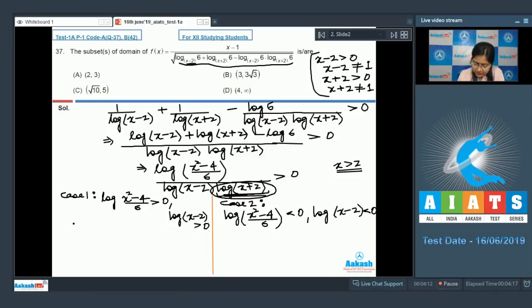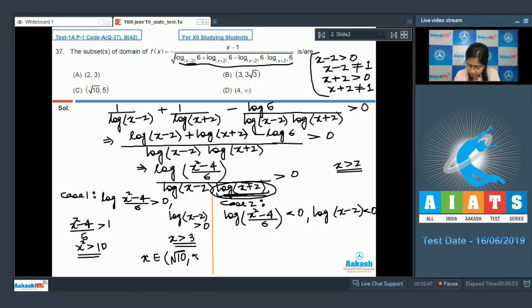Now solving this, we will get (x square minus 4) divided by 6 is greater than 1, so we can say x square is greater than 10. From here we will get x minus 2 is greater than 1, that is x is greater than 3. So from these two we will definitely get x will belong from root 10 up till infinity.